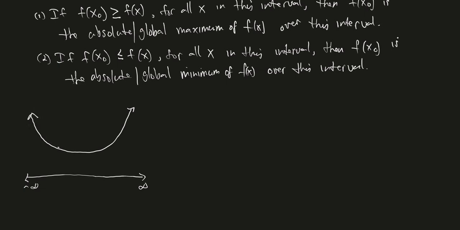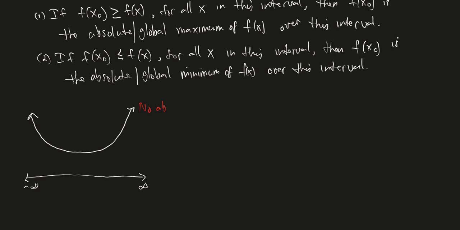Well, if our graph were to look like this, with arrows indicating that the function is just approaching the heavens, it just keeps getting higher and higher and higher, then this would tell me that there is no absolute maximum. Because if you pick a max, well, I could find another one that could make the parabola go even higher, right? So if you were to pick an x0 to say, oh, here is the max, I could say, nope, I can find another x0 that would give me an even bigger y. So with this sort of pattern, we would say that there is no absolute maximum.